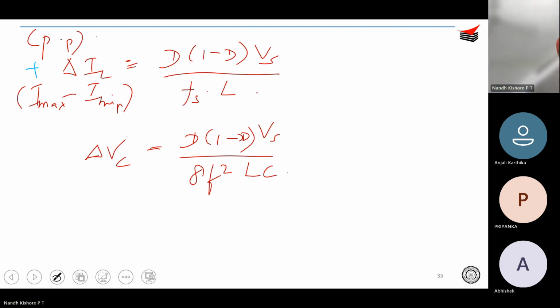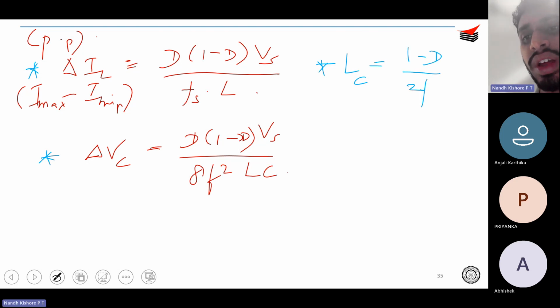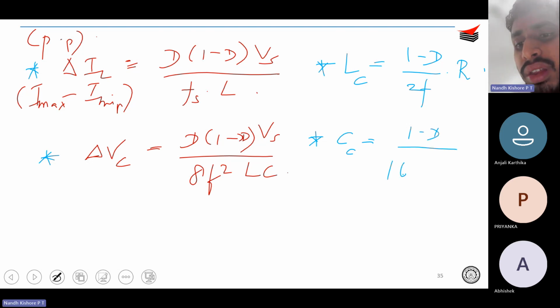Correct? Okay. And what is your critical inductance? Critical inductance is computed as 1 minus D by 2f into output resistance. Okay. And critical capacitance is computed as 1 minus D by 16 f square LC.